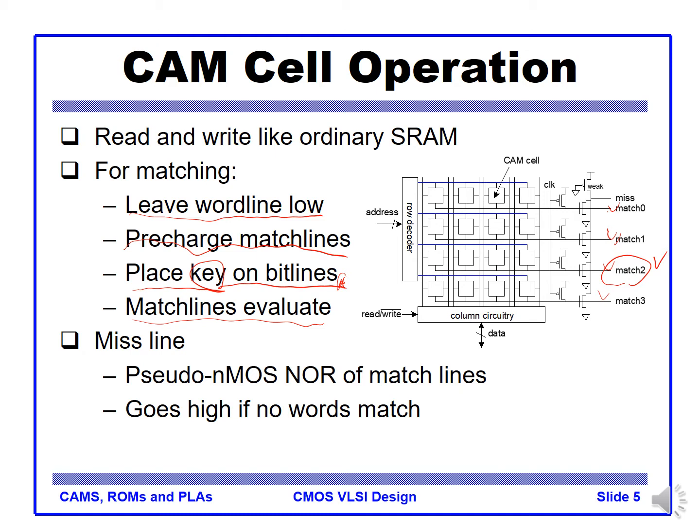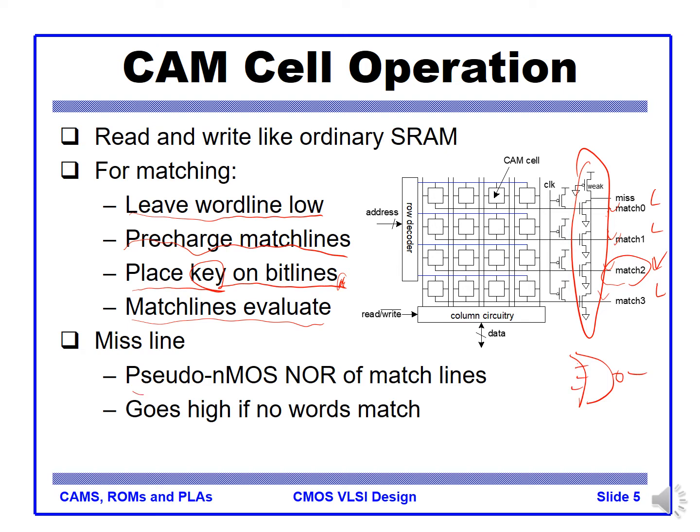Miss detection works like this: if all of the match signals go to 0, then the miss will assert, right? This is basically a NOR operation.